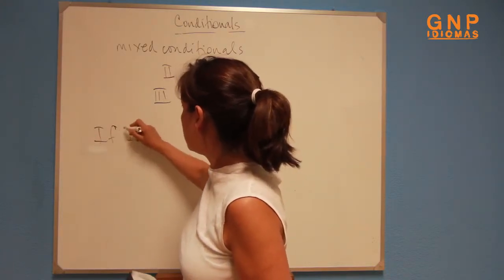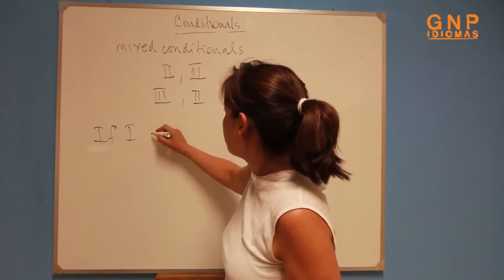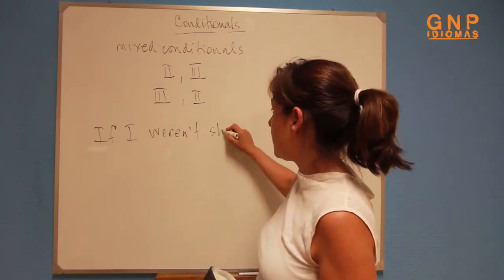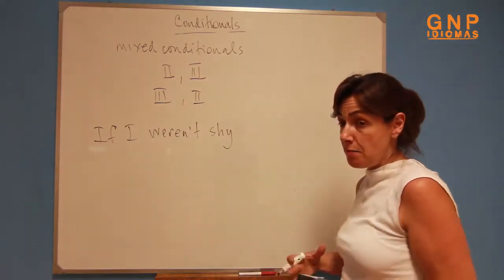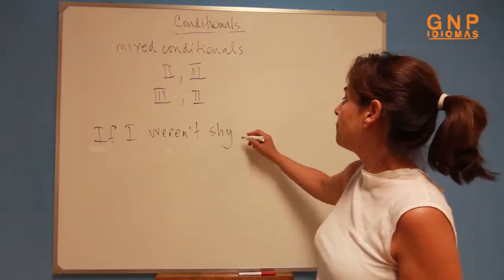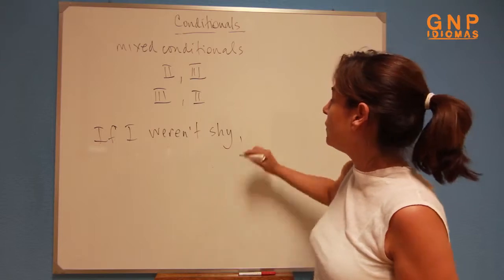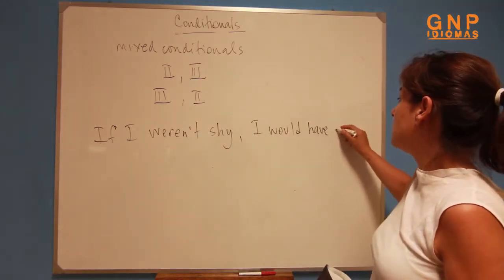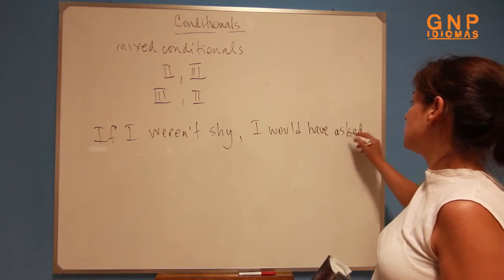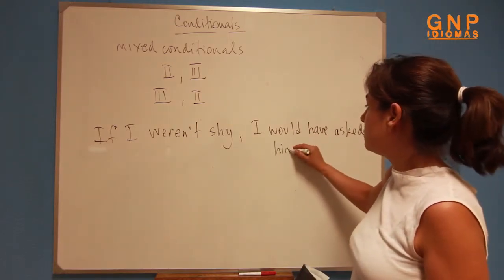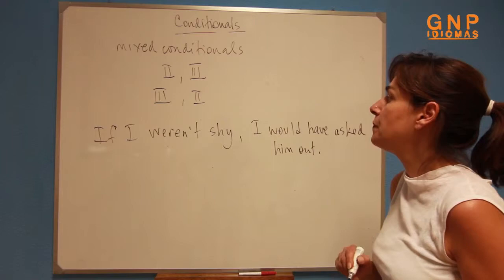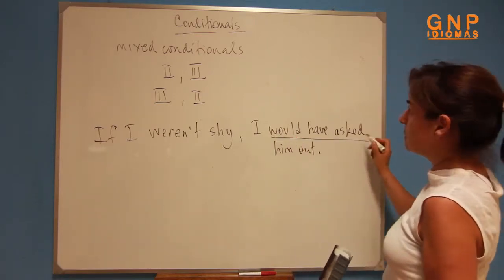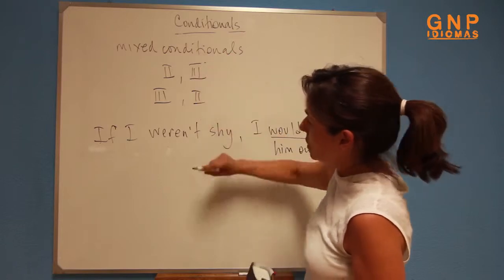If I weren't shy, but I am, if I weren't shy, so this is a second conditional, I would have asked him out. Okay? So this, if you notice, is the third conditional.